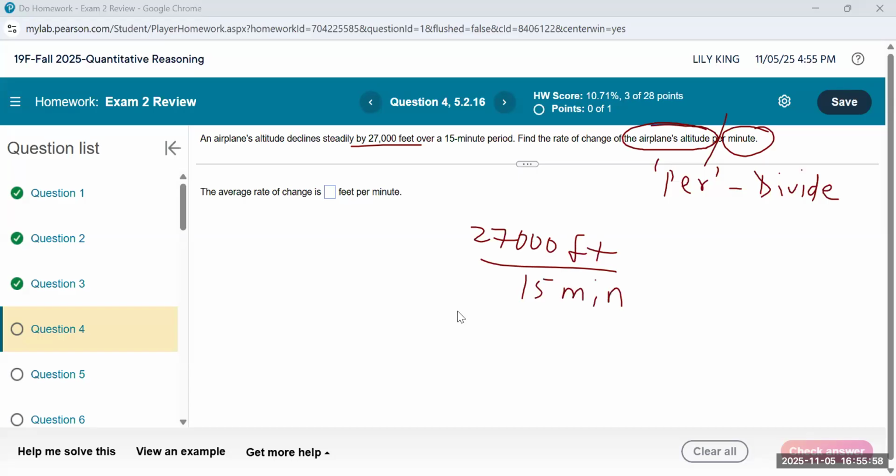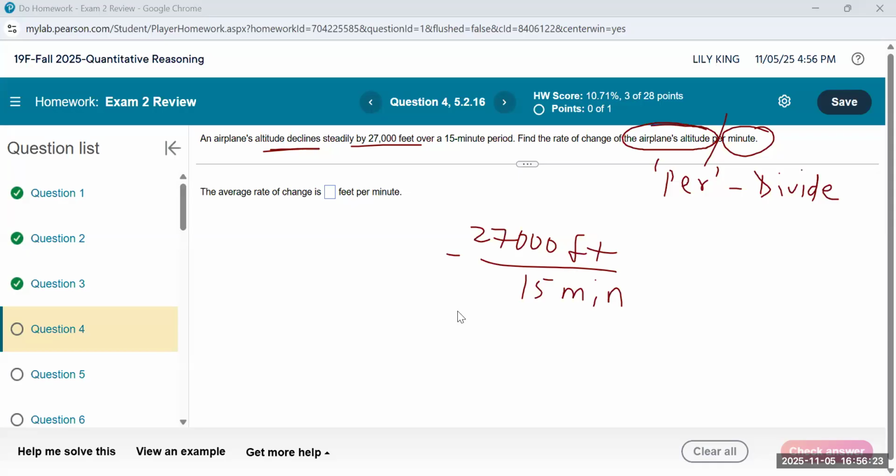Now this is where most students get it wrong. They fail to introduce the negative sign in front of the rate of change. The word decline means the slope is decreasing, or the rate of change is negative.